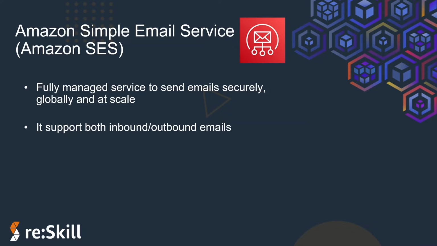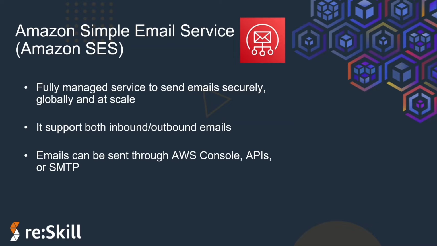It supports both inbound as well as outbound emails. Also, you can send the email through console, APIs, or SMTP. And there are lots of security checks as well as failover implemented by AWS, which make this service very resilient to use. And you can also send bulk emails using this simple email service.